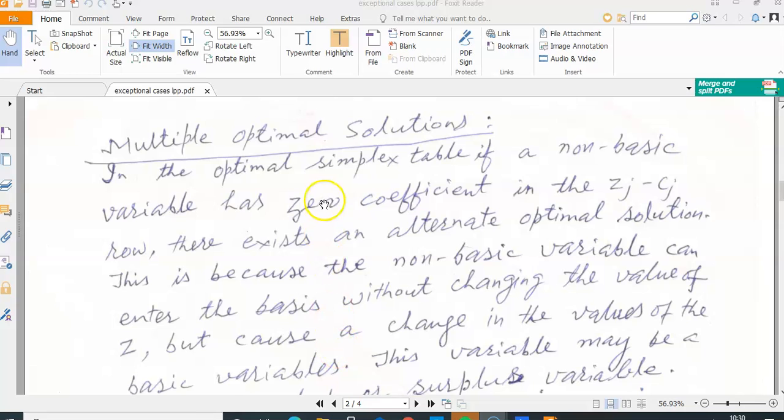The next case is multiple optimal solutions. In the optimal simplex table, if a non-basic variable has 0 value in the zj minus cj row, then there exists an alternate optimal solution.